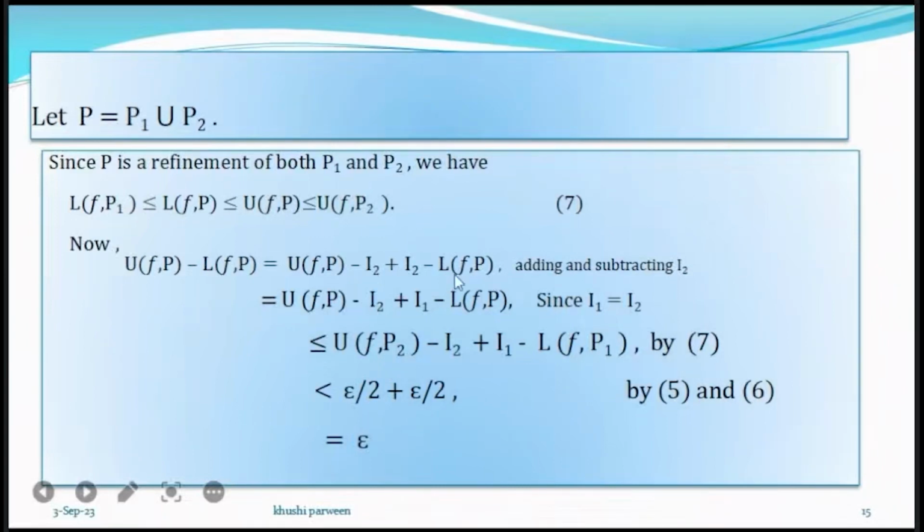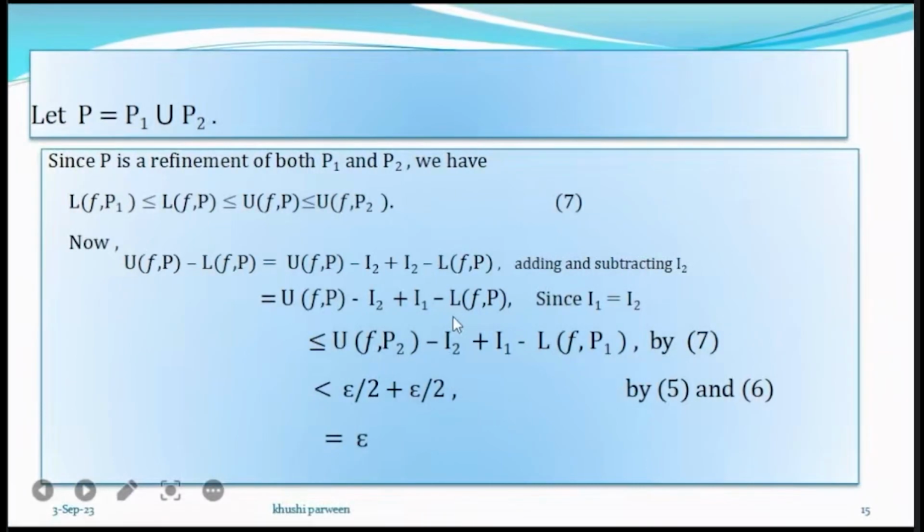This is equal to the upper Darboux sum minus I2 plus I1 minus the lower Darboux sum, which is less than or equal to... here I change I2 to I1, since I1 is equal to I2 as I stated earlier. So this is less than or equal to the upper Darboux sum with respect to partition P2 minus I2 plus I1 minus the lower Darboux sum with respect to partition P1, by equation 7.